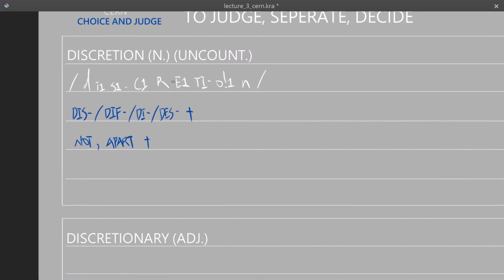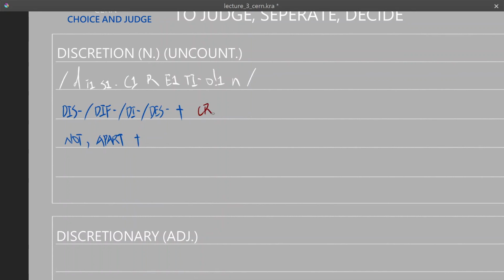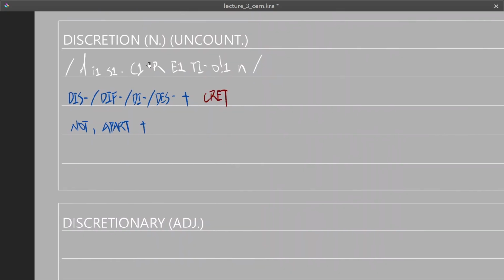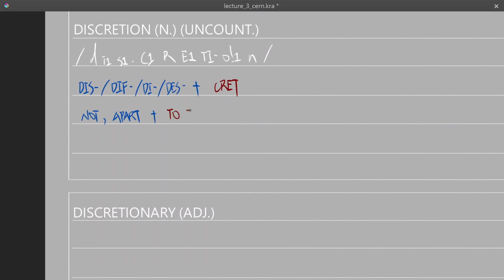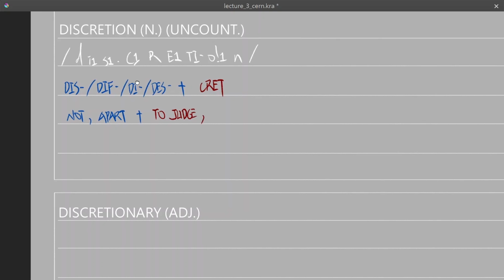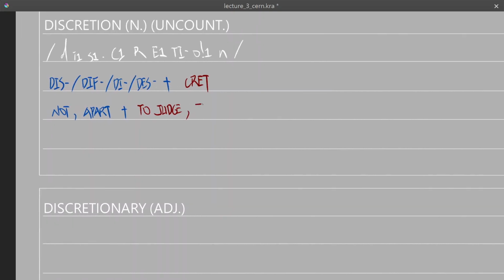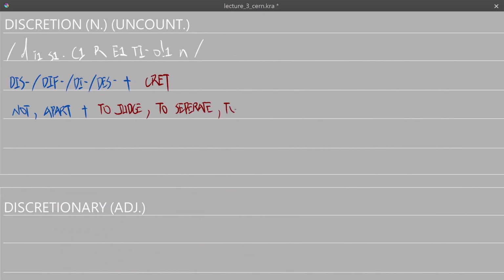And we have the root cret. Again, it means to judge, to separate, to decide.